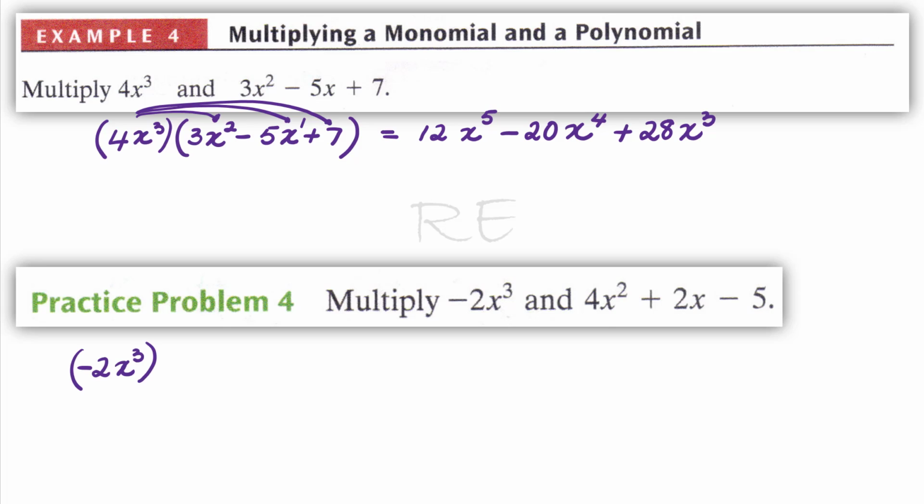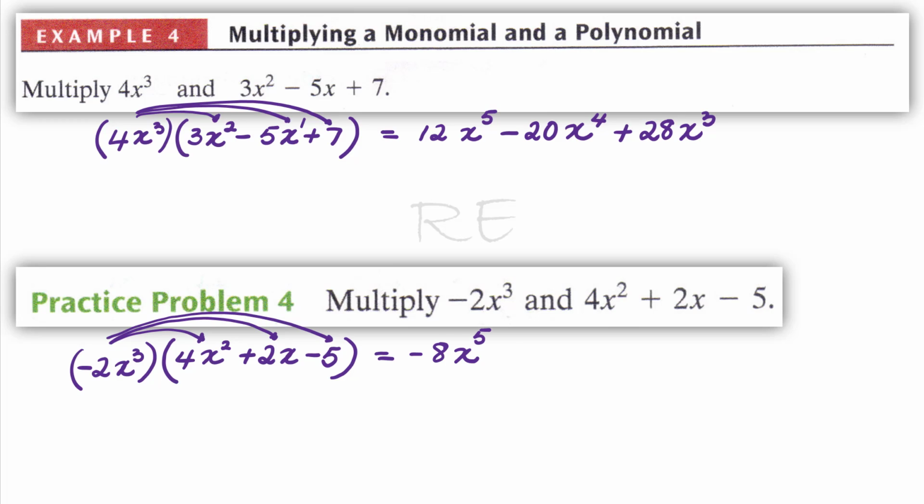Negative 2x cubed times 4x squared plus 2x minus 5. We will use the distributive property to perform the multiplication. Negative 2x cubed times 4x squared, negative 8x to the 5th.